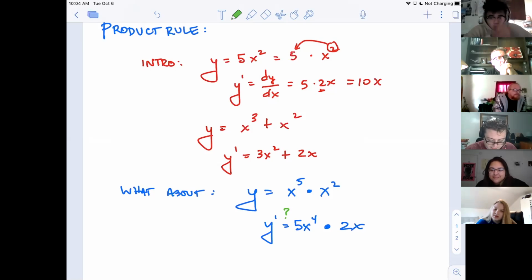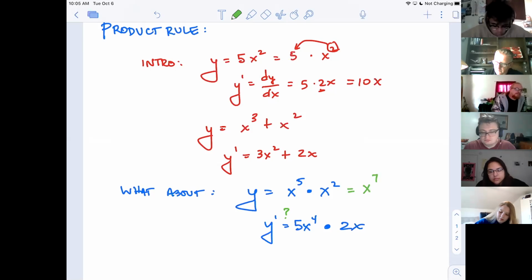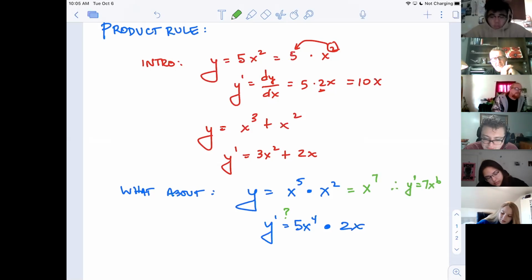Yeah. So wouldn't this be incorrect per se? Yeah. Because you could just add the exponents together? Yeah, like you're not stuck with the multiplication sign here, right? Does that make sense? So you could get rid of it. In other words, you could look at this problem and say that's just really x to the seventh, and hence y prime would be 7x to the sixth, right? So that's definitely the right answer to this question.